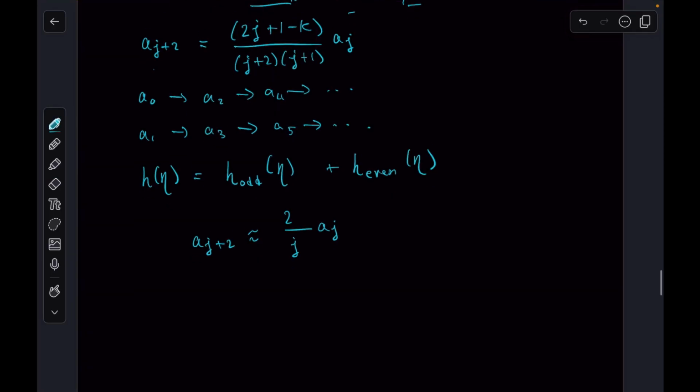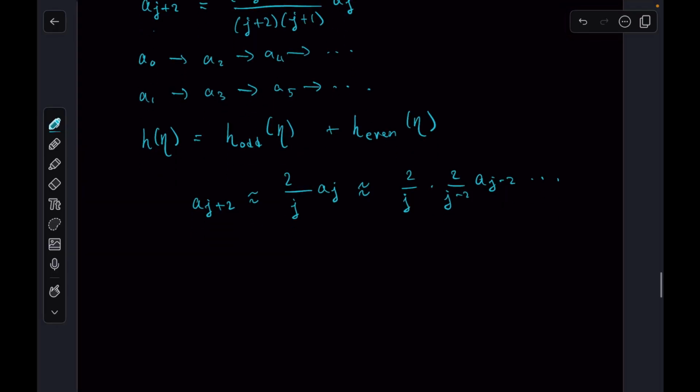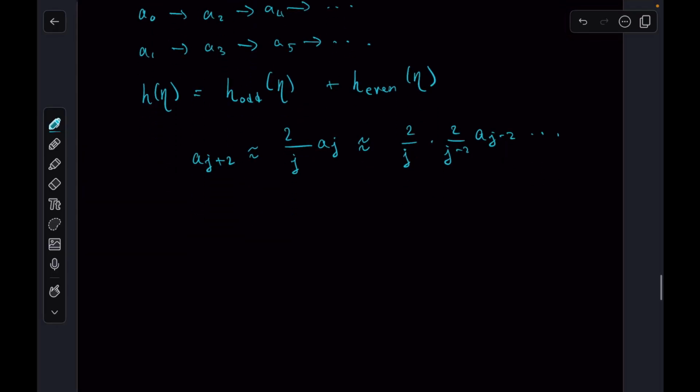But this is then going to be equal to 2 over j times 2 over j minus 2 times a sub j minus 2. And you can see this pattern is going to keep going. And it's going to give us approximately, for a sub j when j is large, some constant over j over 2 factorial.